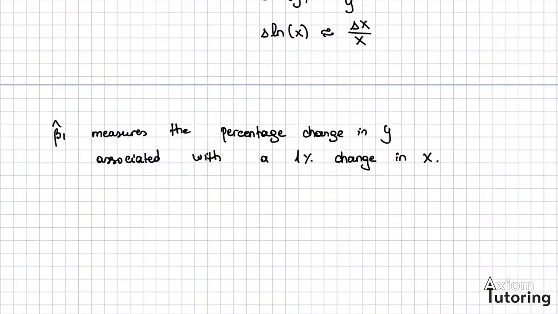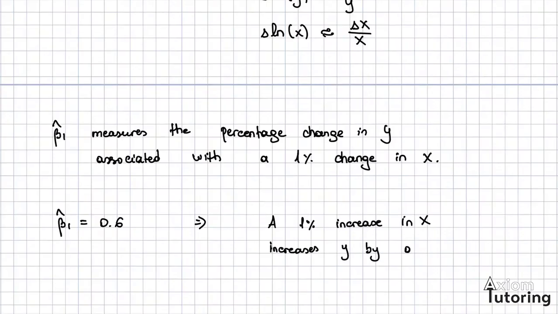More concretely, imagine that we've got beta 1 hat being equal to 0.6. The interpretation that we're going to give to it is that a 1% increase in x is associated with an increase in y by approximately 0.6%. So look, I am just literally taking the beta 1 as it is.